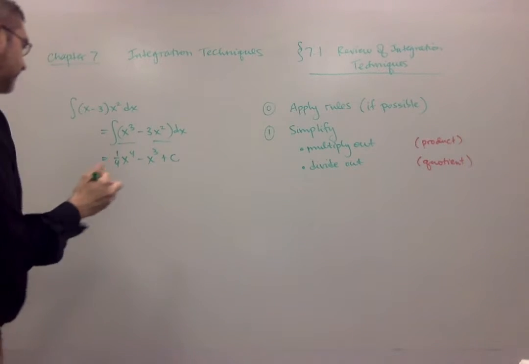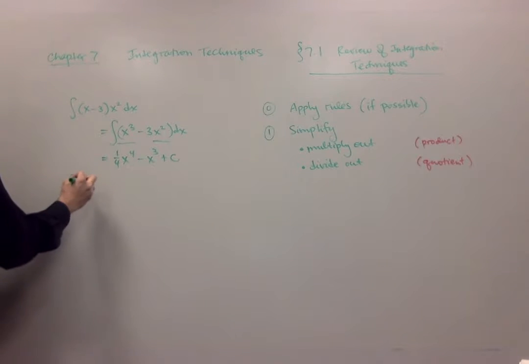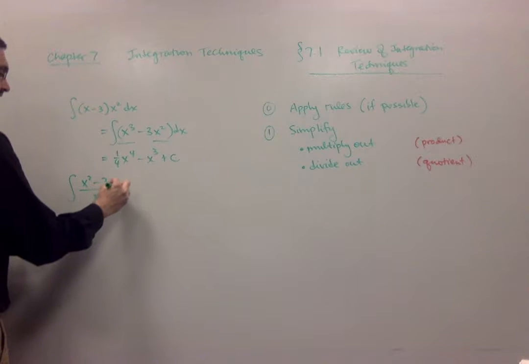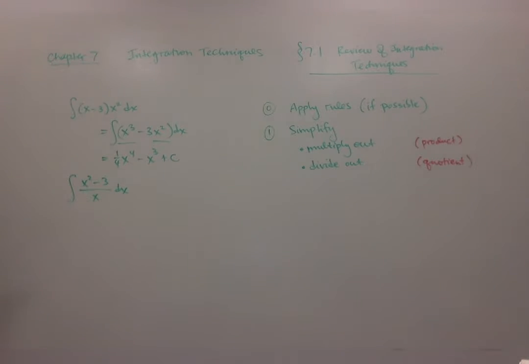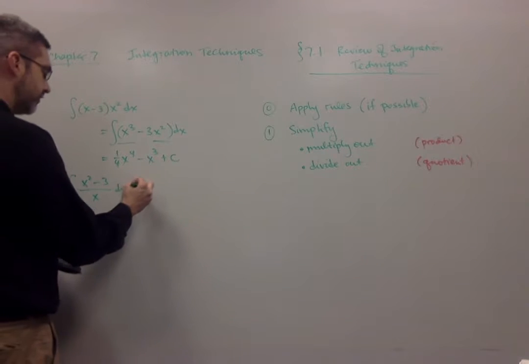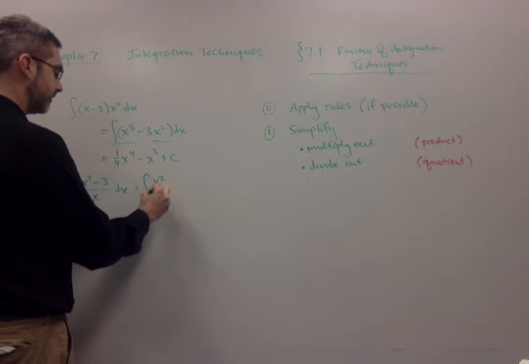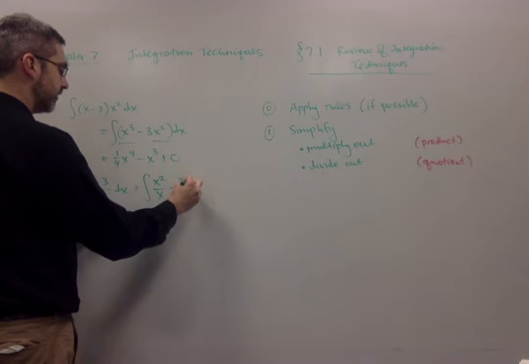These are things that you've seen before. So if I have, for instance, x squared minus 3 over x, the best way to do that integral is just to take x squared over x minus 3 over x.